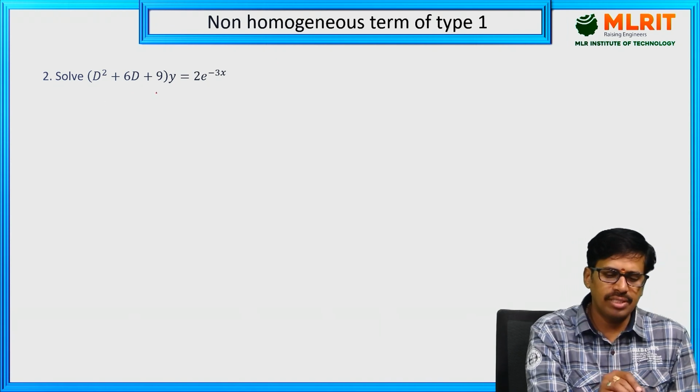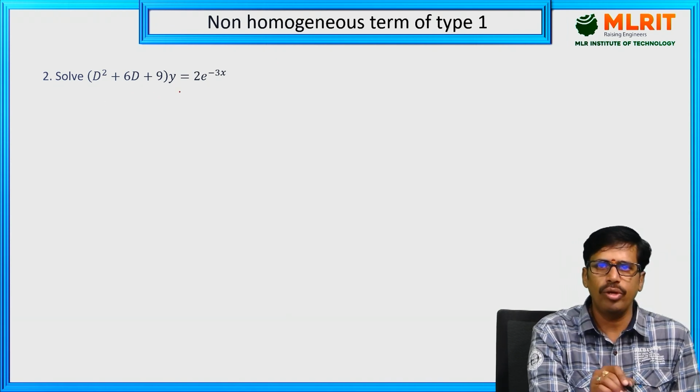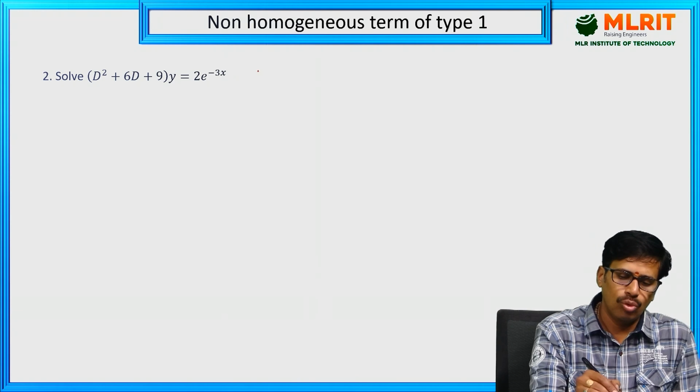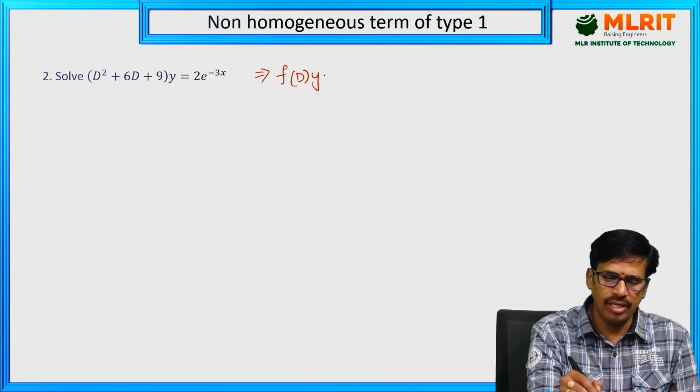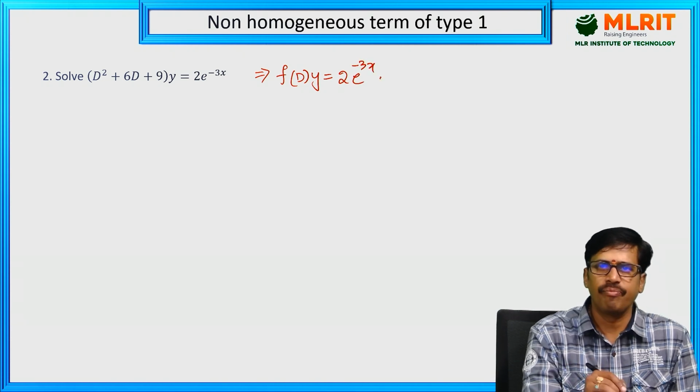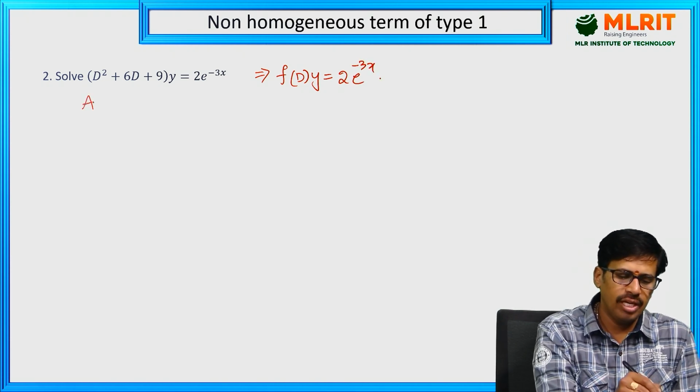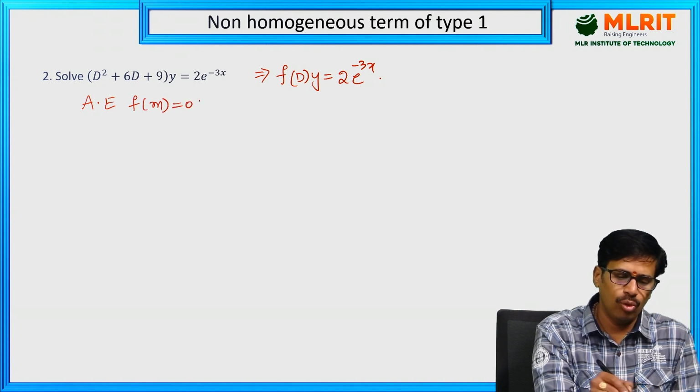Solve D square plus 6D plus 9 into y equal to 2 e power minus 3x. So this is in the form of f of D into y is equal to 2 e power minus 3x. First, what is the auxiliary equation? f of m equal to 0.